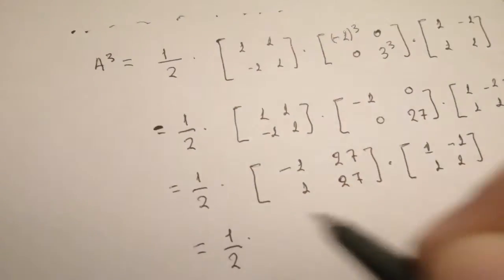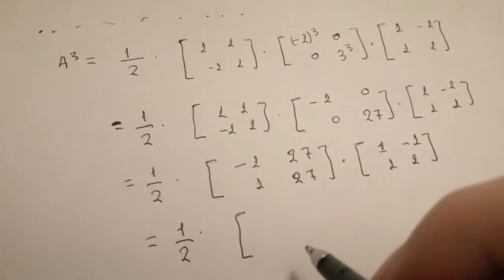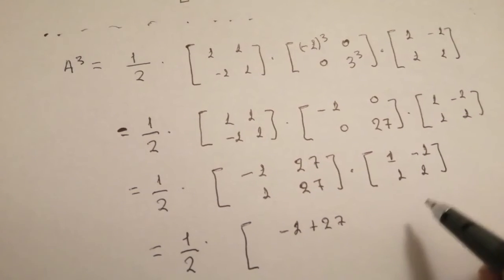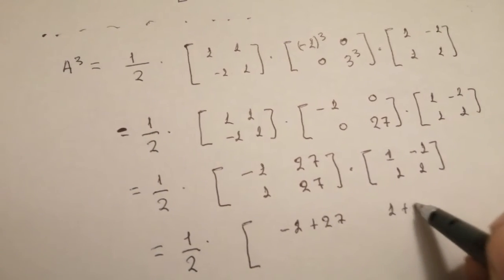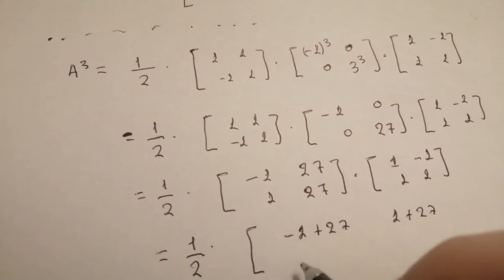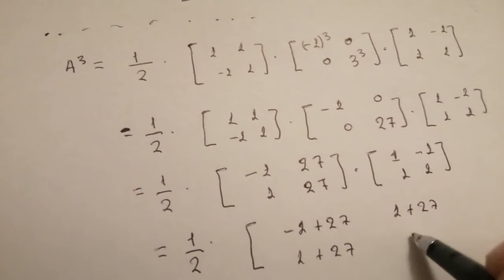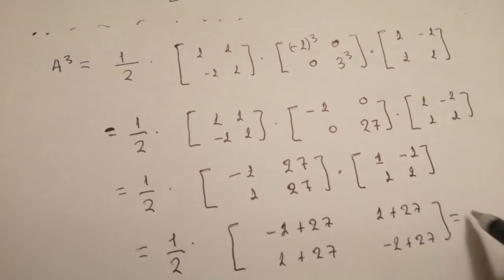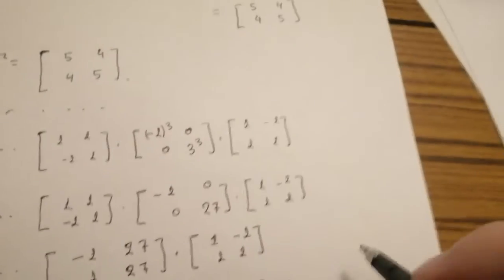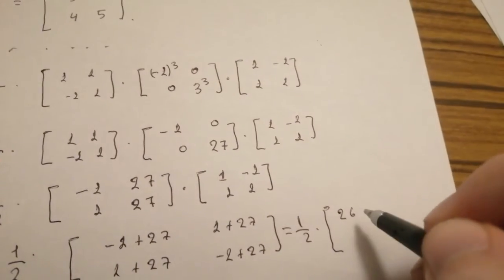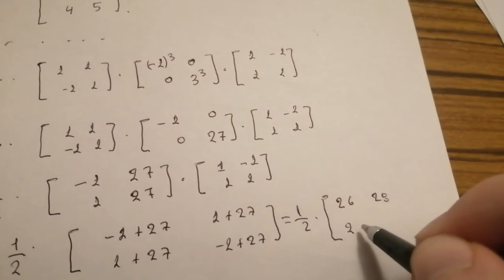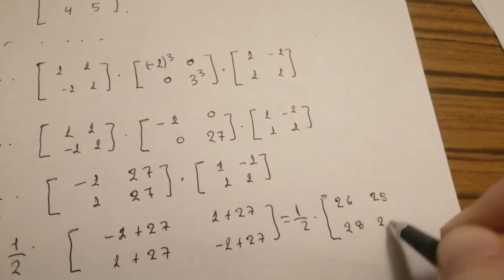So this is 1 over 2. We are almost there. Minus 1 plus 27, 1 plus 27, 1 plus 27, and minus 1 plus 27. This is just 1 over 2 times [26, 28; 28, 26].